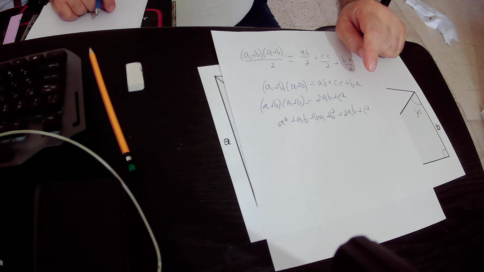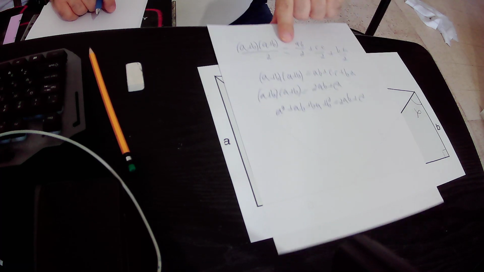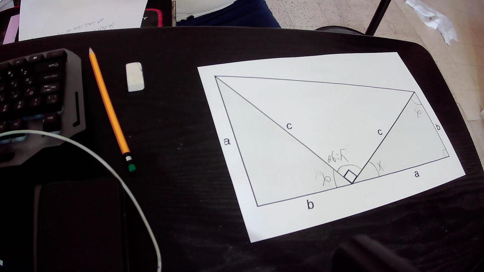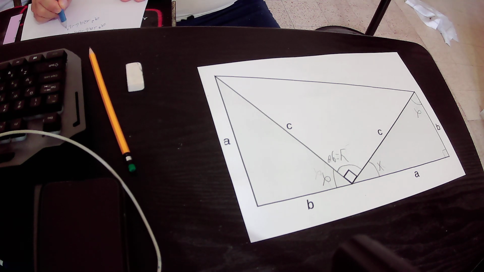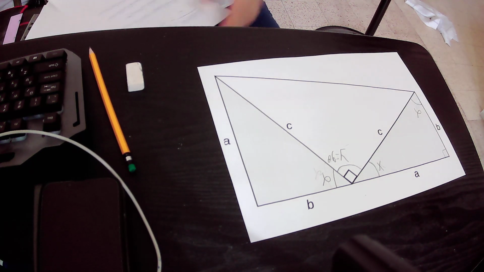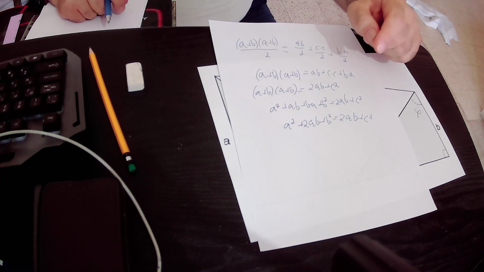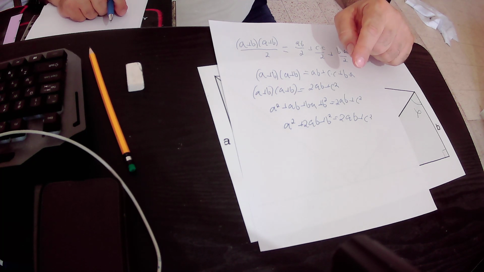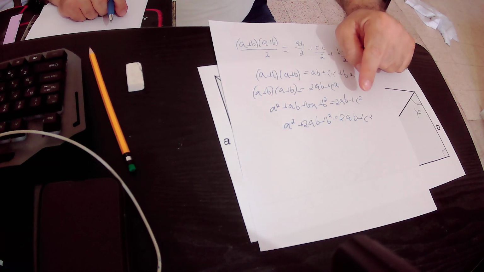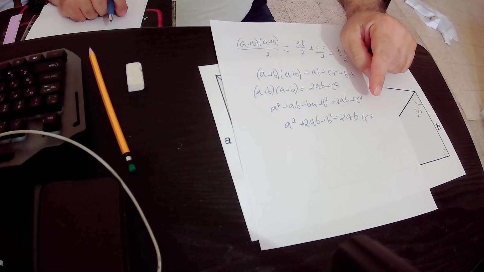Now we know that AB plus BA is 2AB, so we got A squared plus 2AB plus B squared equals 2AB plus C squared.